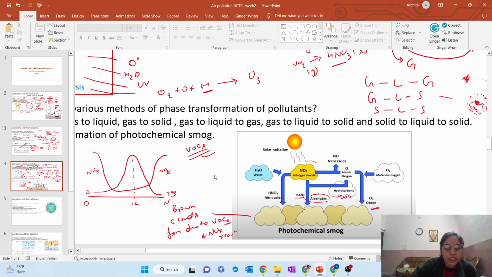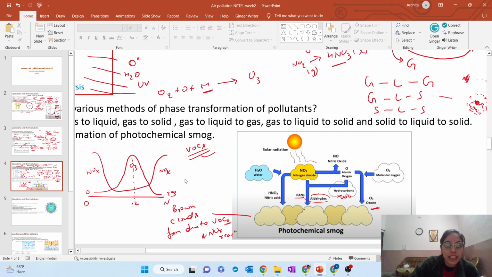Because the formation of ozone is utilizing the NOx, you won't see the brown clouds towards the afternoon.